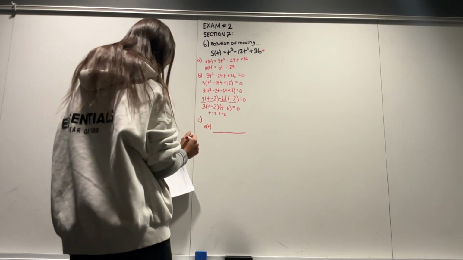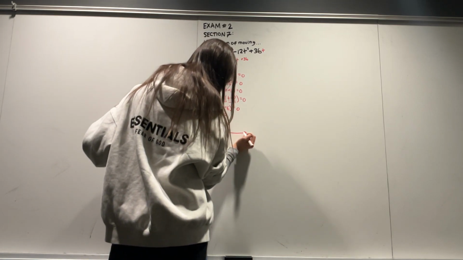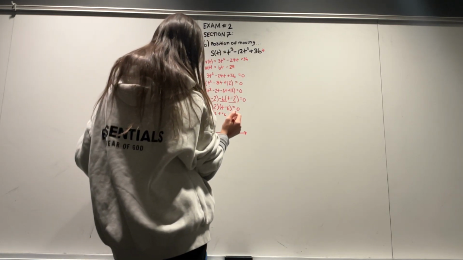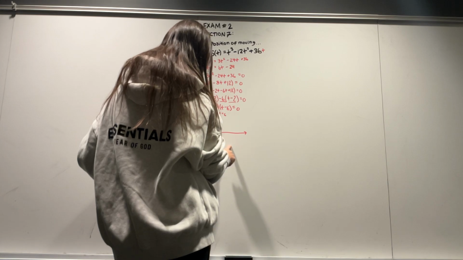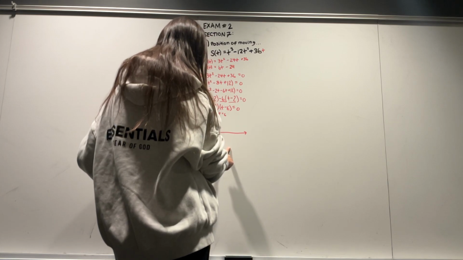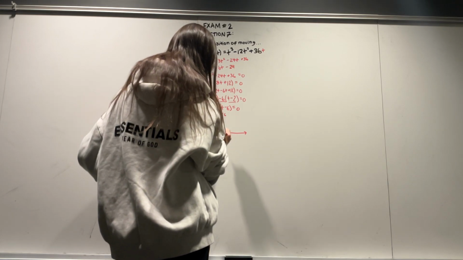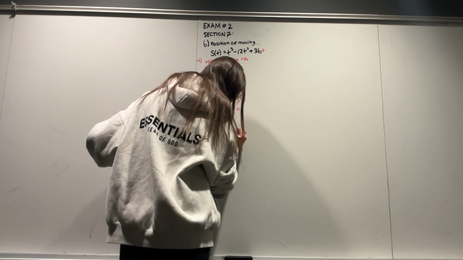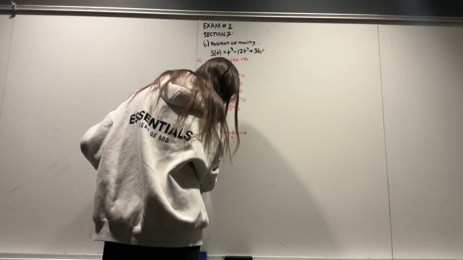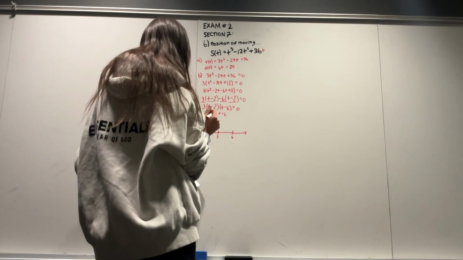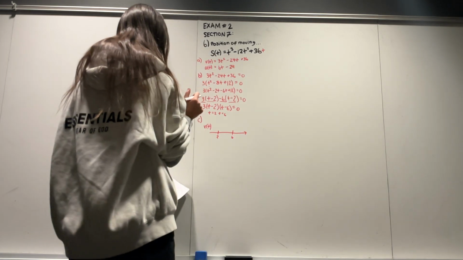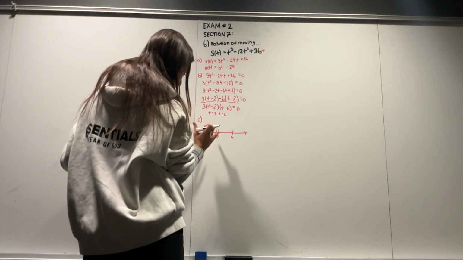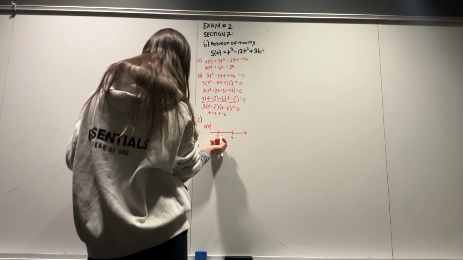I'm going to make it really small. Our zeros are 2 and 6.